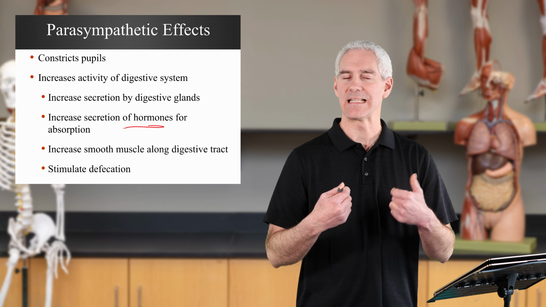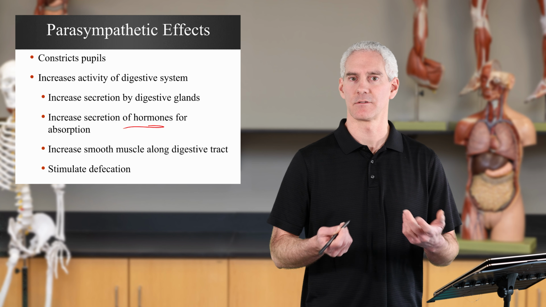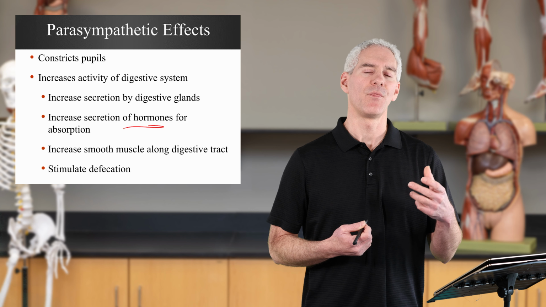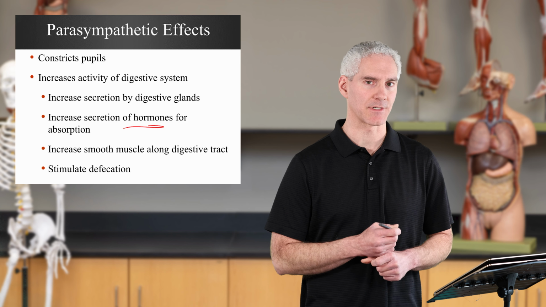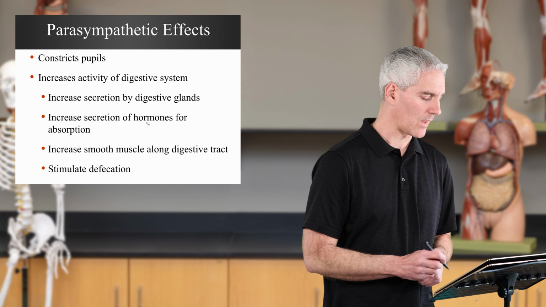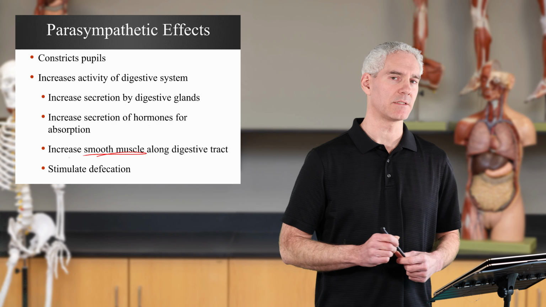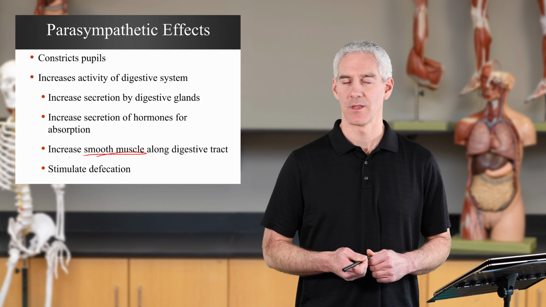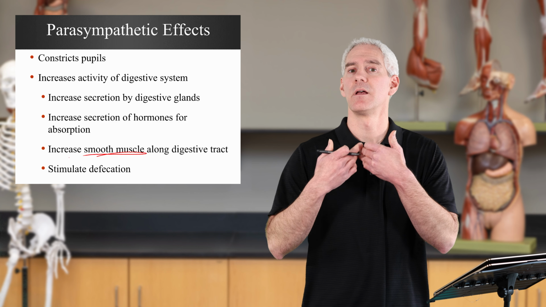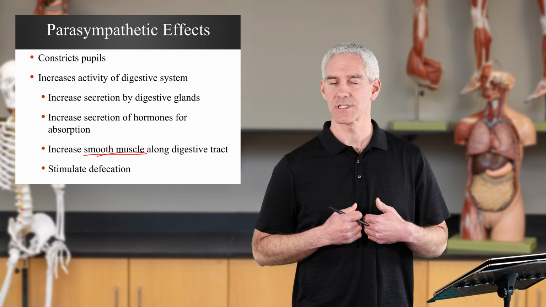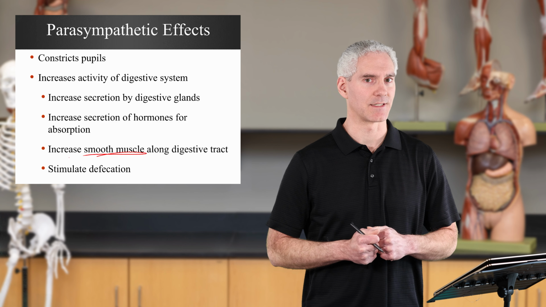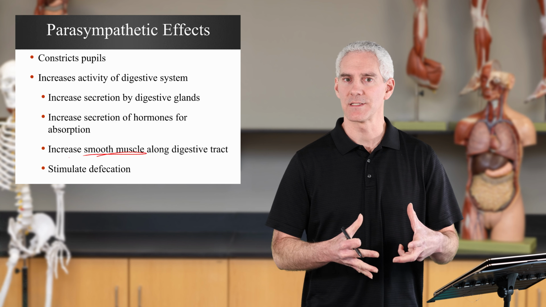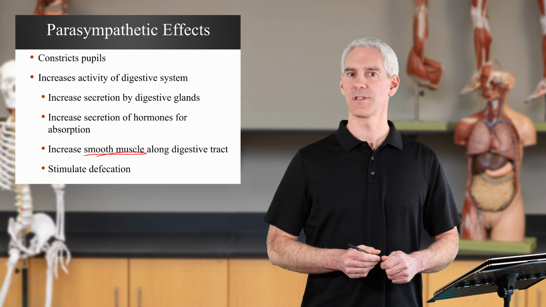Because there's hormones inside your GI tract or your digestive tract that's meant to help stimulate different parts to activate at different times. You're increasing smooth muscle of your digestive tract. Again, you've got to move this food down your esophagus, through your stomach, around through the small intestines, into the large intestines. All this movement is because of the smooth muscle.